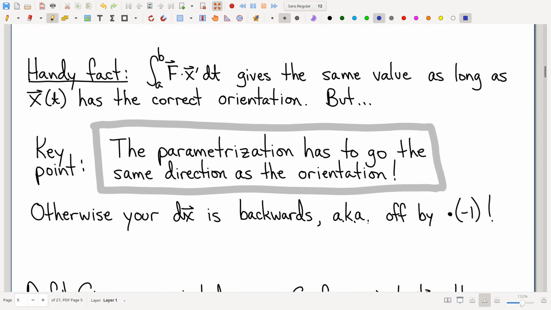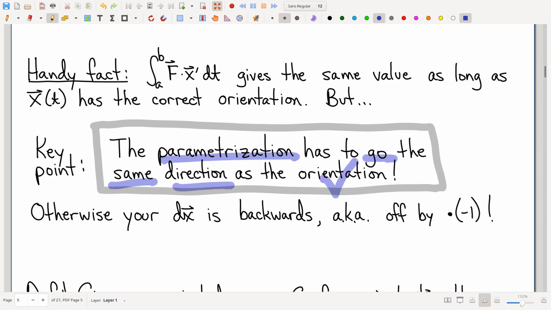Okay, now, when we were doing scalar line integrals, we were very happy to find out that you can use any parameterization that you like. Doesn't matter. Go crazy. Whatever. No such luck. Here, the parameterization does matter. But it only matters in one way. The only way that the parameterization matters is that it has to go the same direction that it's supposed to.